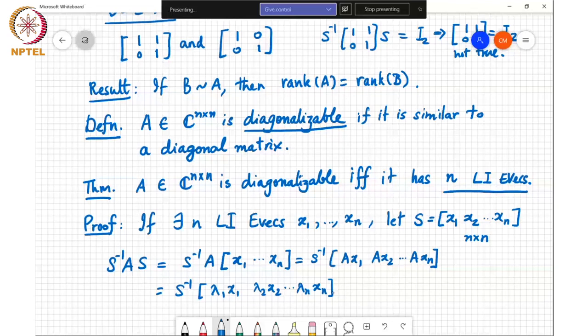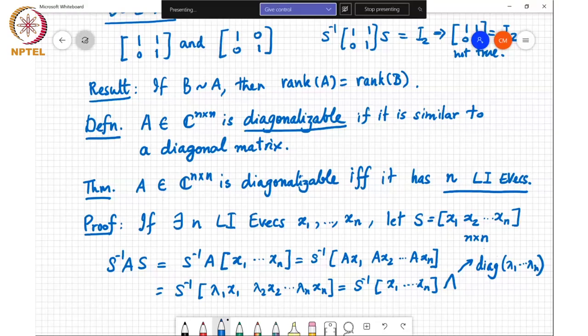And if I consider a diagonal matrix lambda with lambda 1 through lambda n as its diagonal entries, then I can write this as S inverse times x1 through xn times this matrix lambda, which is a diagonal matrix. This is just rewriting this product here.